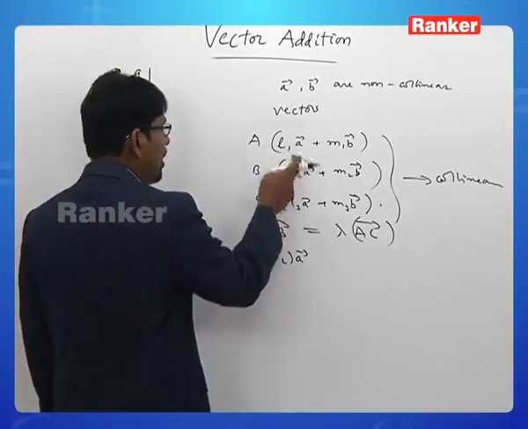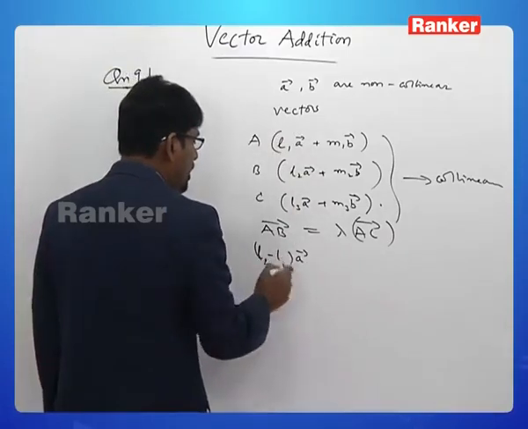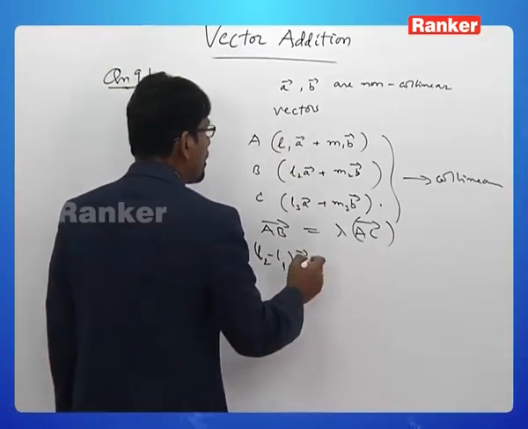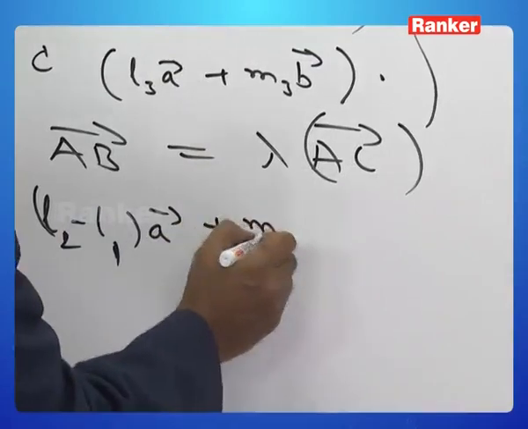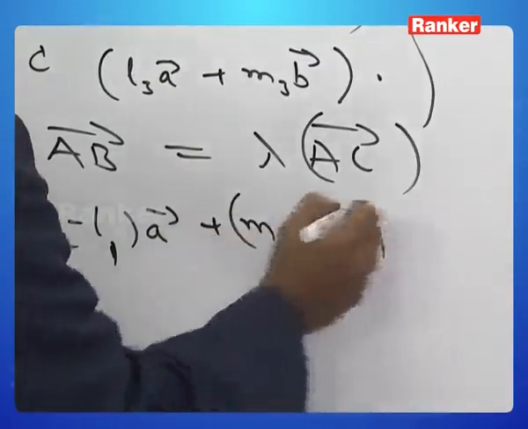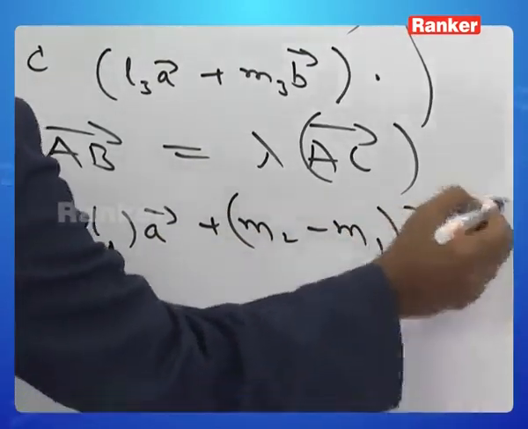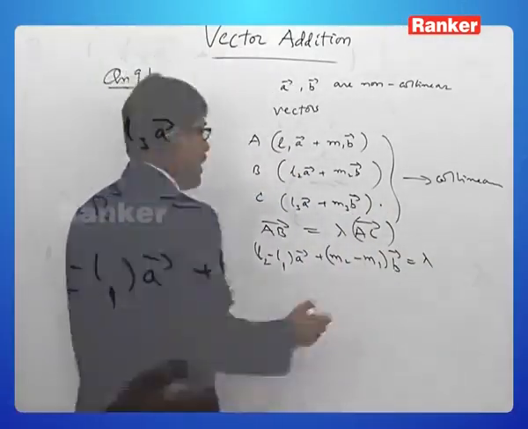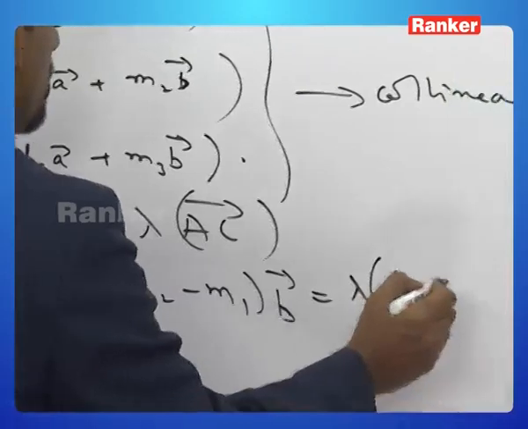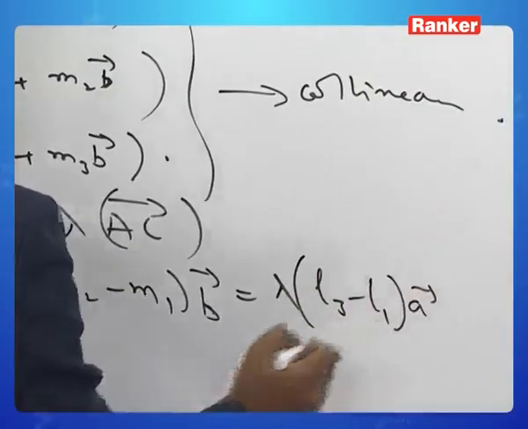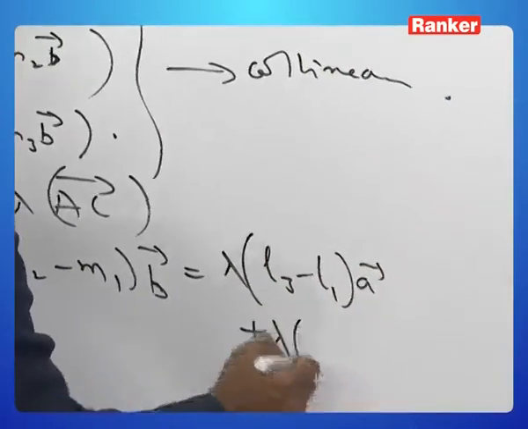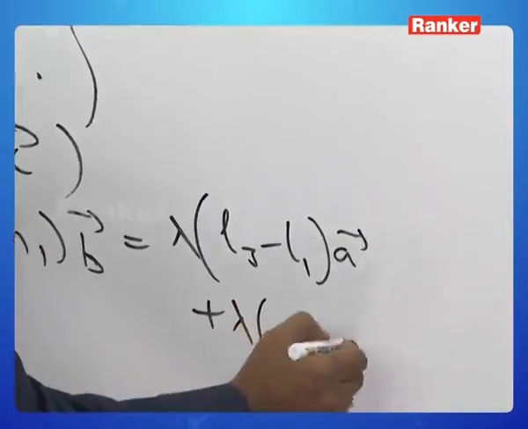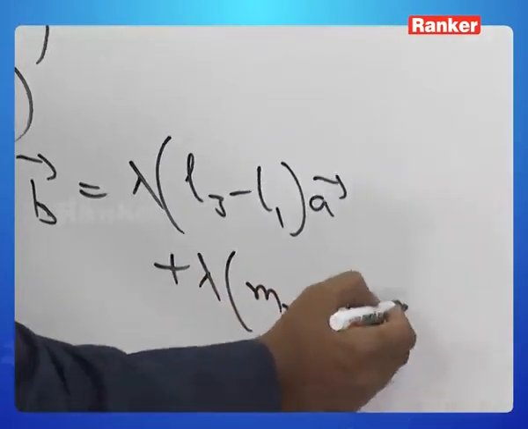The position vector of B minus position vector of A. So (L2 minus L1) into a bar plus (M2 minus M1) into b bar should be equal to lambda times (L3 minus L1) into a bar plus lambda times (M3 minus M1) into b bar.